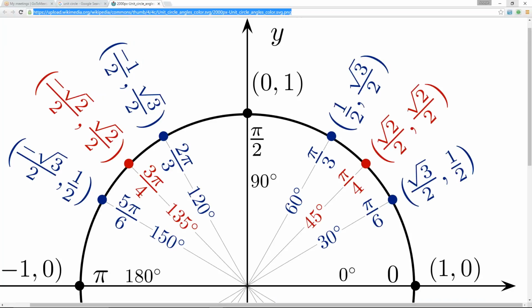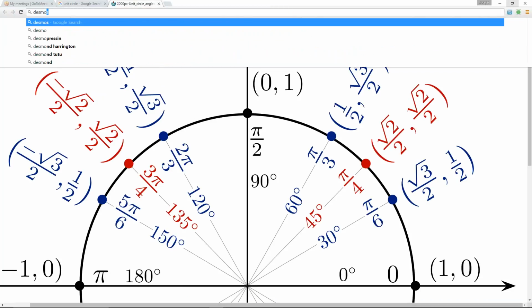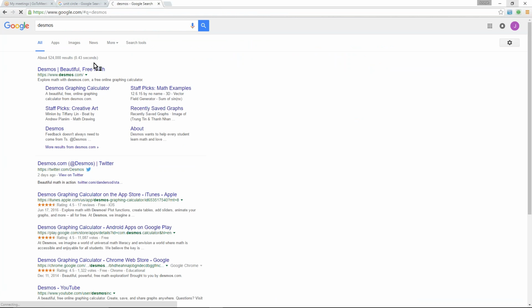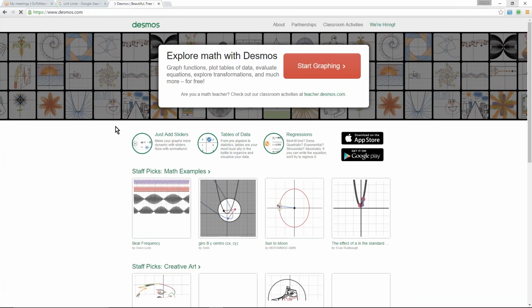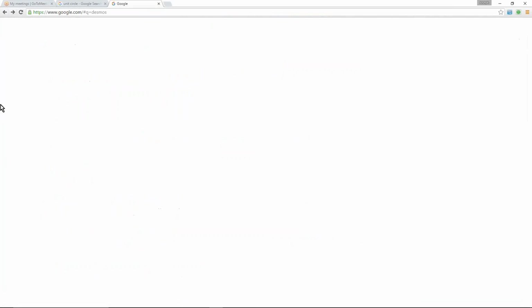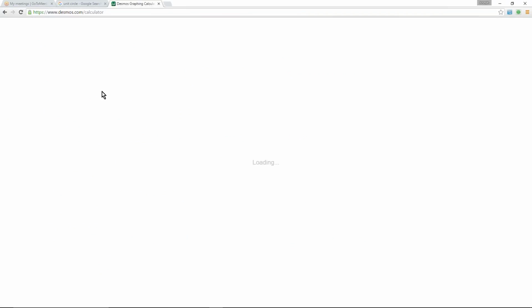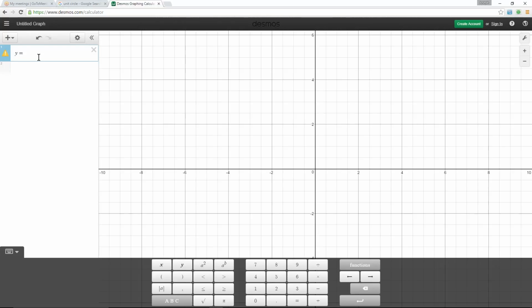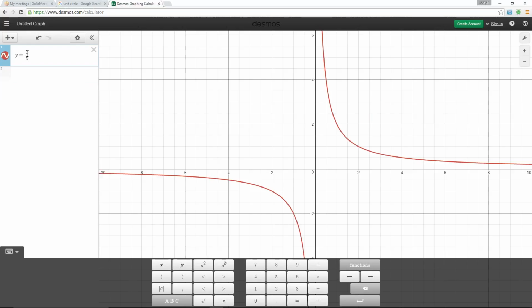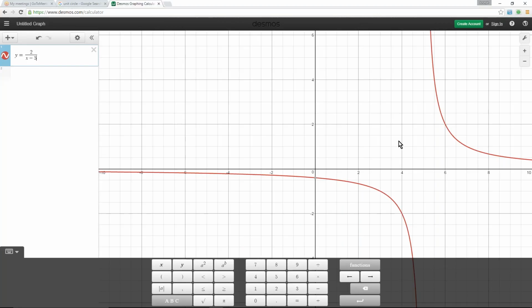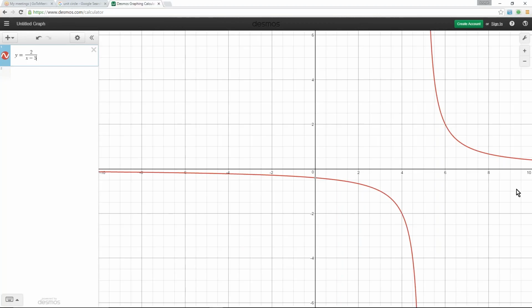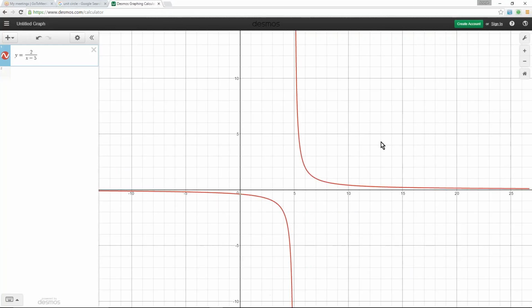Two over x minus 5. All right, so as you can see, let me zoom out so you can see it better.